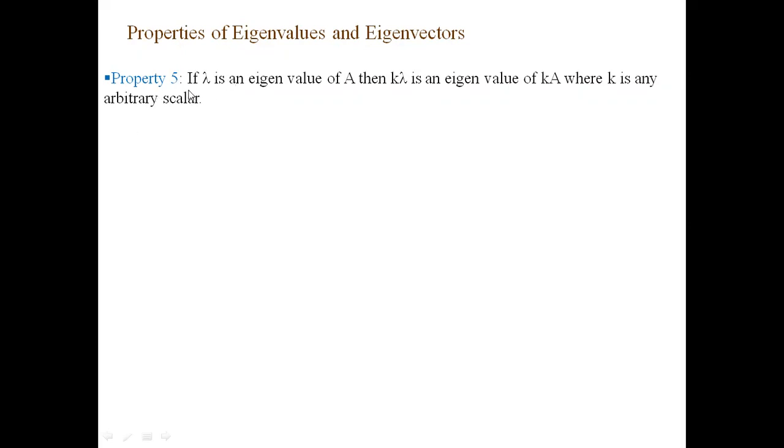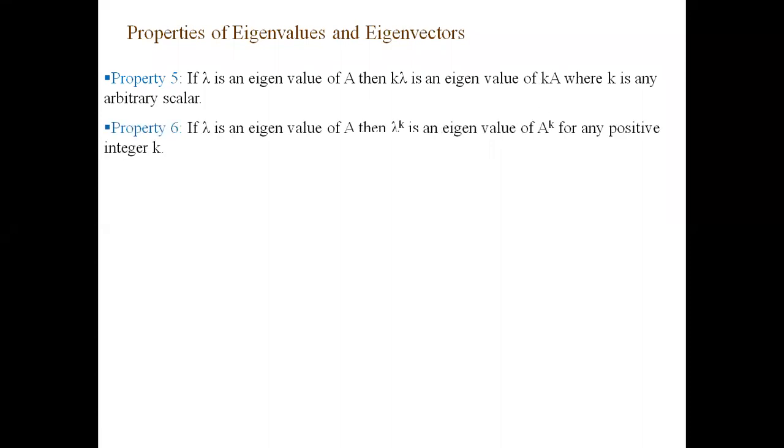So suppose lambda is the eigenvalue of matrix A, and if I multiply by some value, suppose k, suppose 2, then 2 lambda is the eigenvalue of 2 into matrix A. Okay. So this is very clear, and this is important.